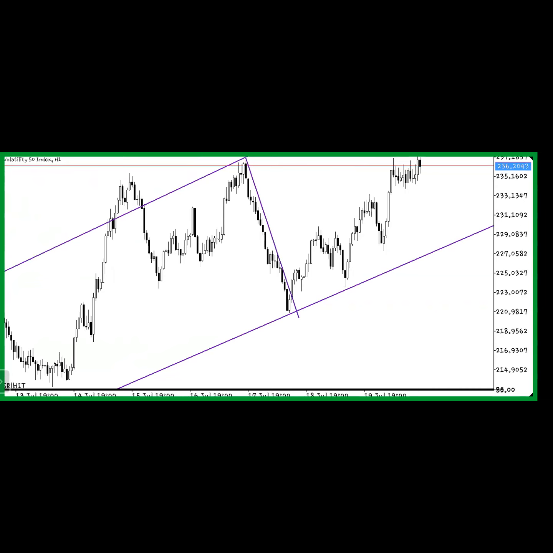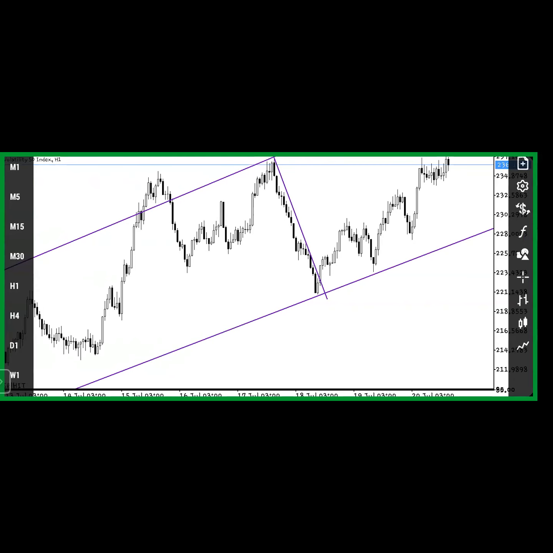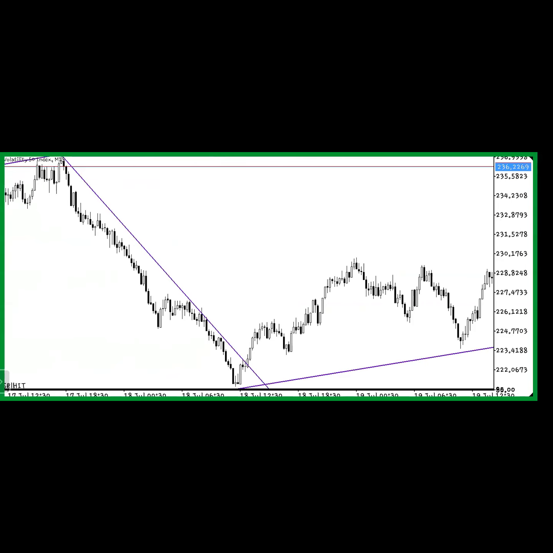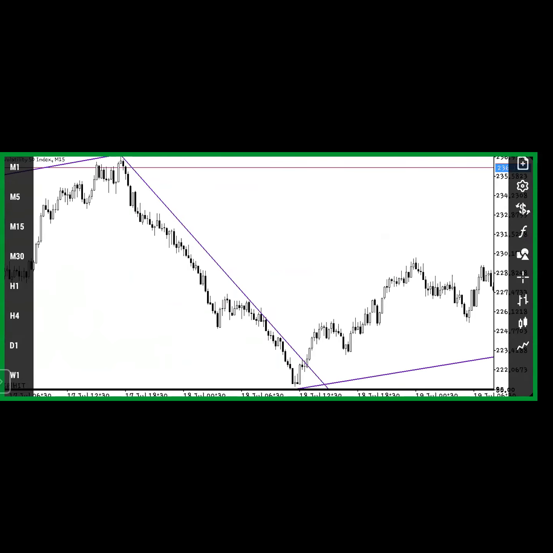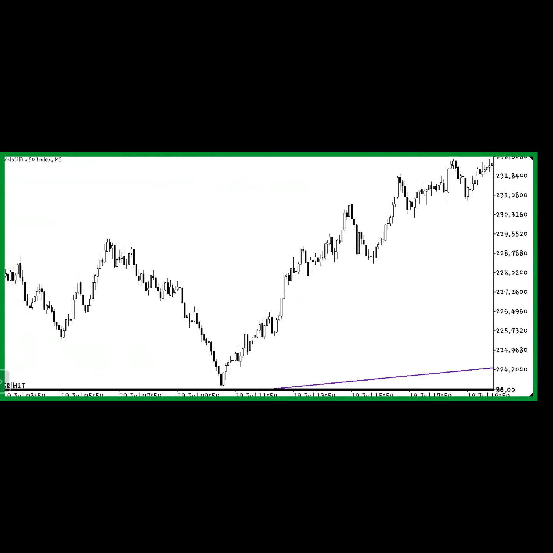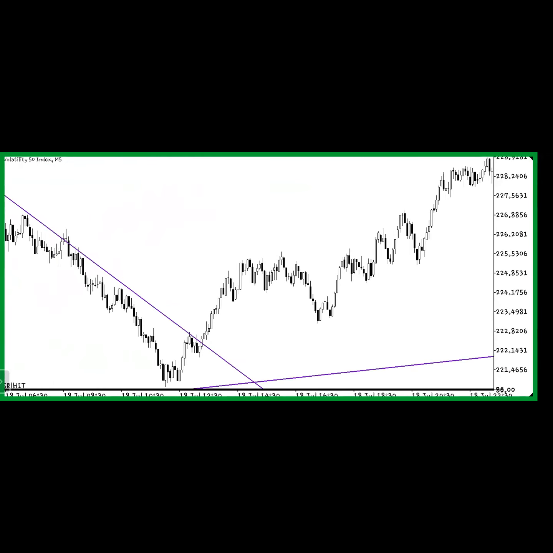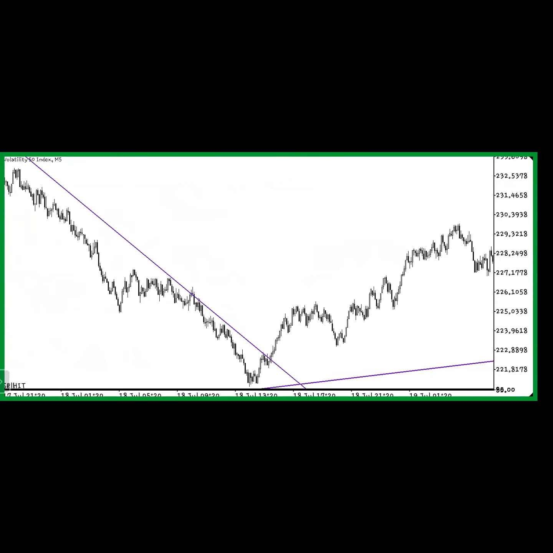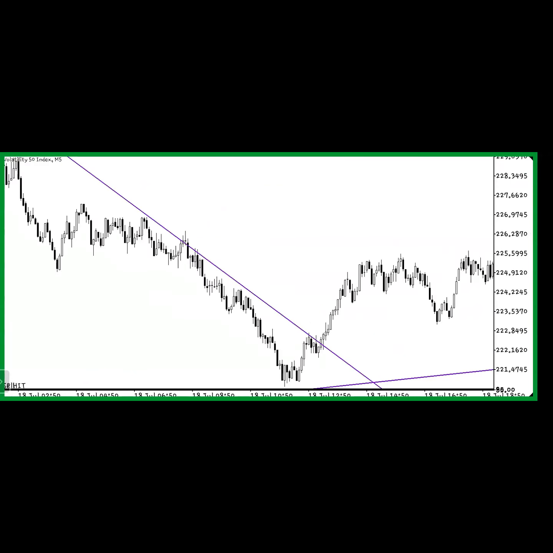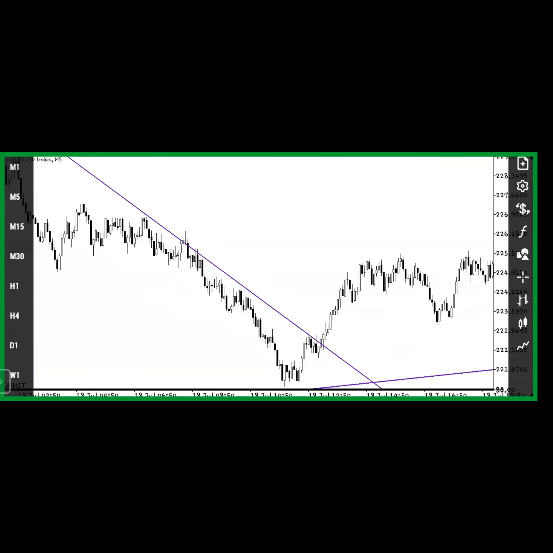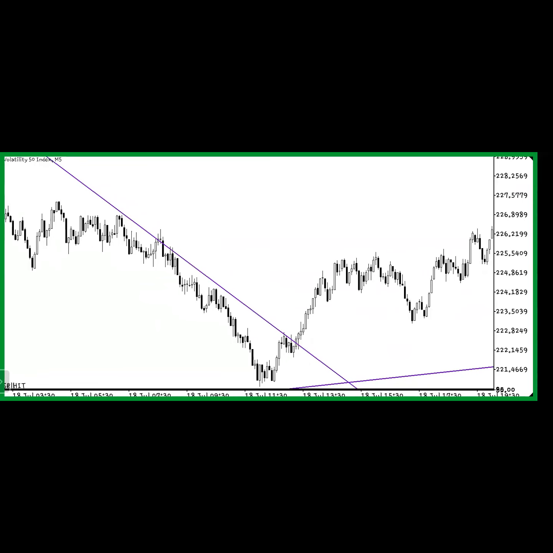This one doesn't have a proper retest. Let me check on small time frames. It doesn't have a proper retest on all time frames, so we consider it invalid.